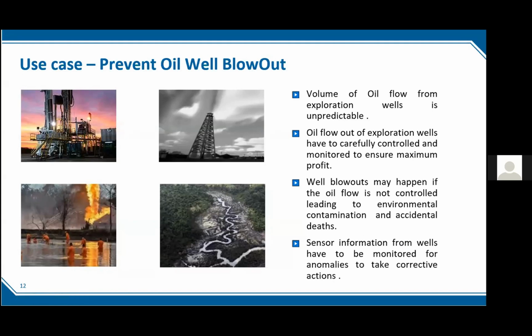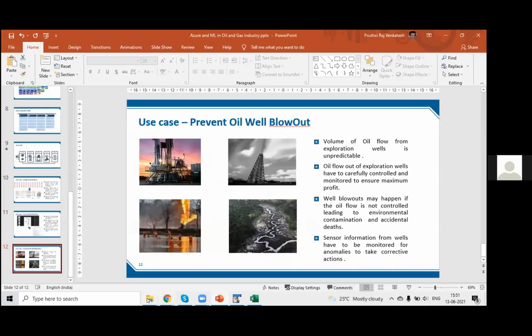I'll just show you how Azure ML is used. This is an example of data classification. You have certain parameters that you have gathered from various sensors in the drill, and you would want to use this to classify whether the flow is overflow, underflow, or normal flow. So that is the use case. I'll show you how it would look.